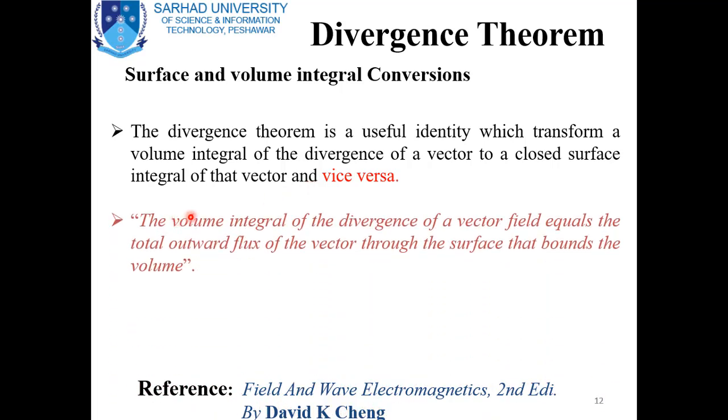The statement of the divergence theorem is: the volume integral of the divergence of a vector field equals the total outward flux of the vector through the surface that bounds the volume, and mathematically it can be written as the integral of the divergence of a vector field A through a volume is equal to the surface integral over the surface which contains that volume.